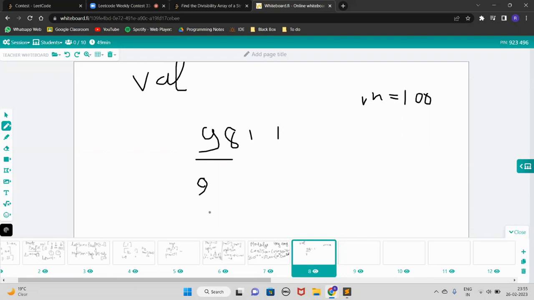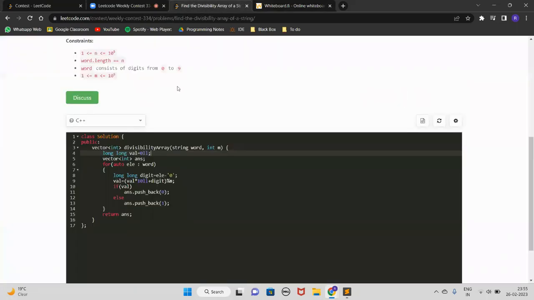At index 2, it would be 98. At index 3, it would be 81. And at the final index, it would be 11. So this is how val would change. Val is basically the value of the prefix till the ith index.